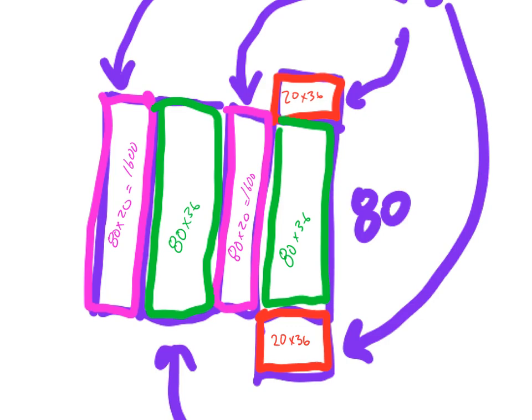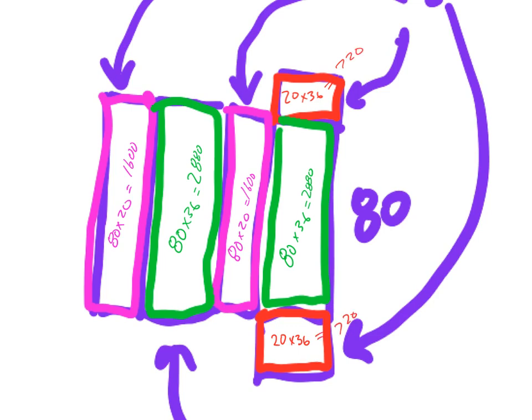We would do an 80 times a 36, and we get 2,880. And the other one, 20 times 36, gives me 720 for both of those.